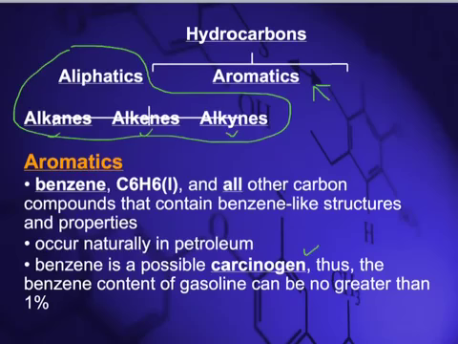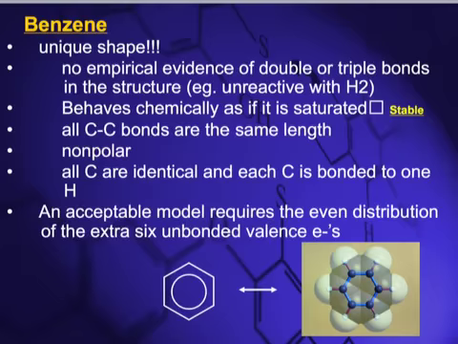Now remember, benzene is a cyclic compound with 6 carbons, and there are 3 double bonds in there. And aromatic compounds have benzenes. You could also have a methyl group attached to it, that's called toluene. If there's an OH group attached to it, that's called phenol. But any compounds with this cyclic structure are considered aromatic compounds.